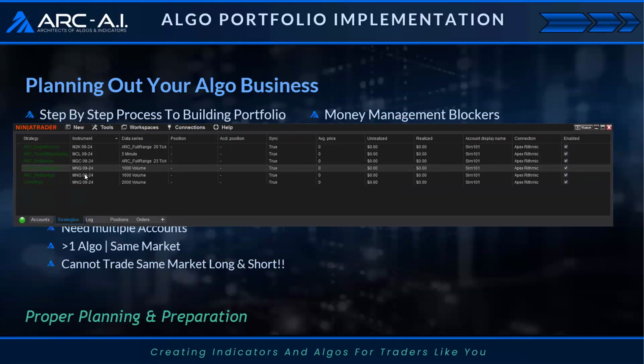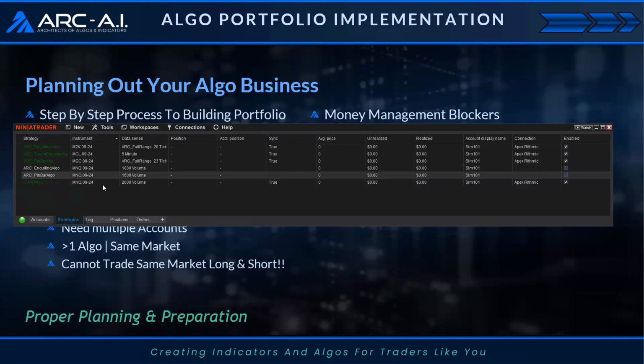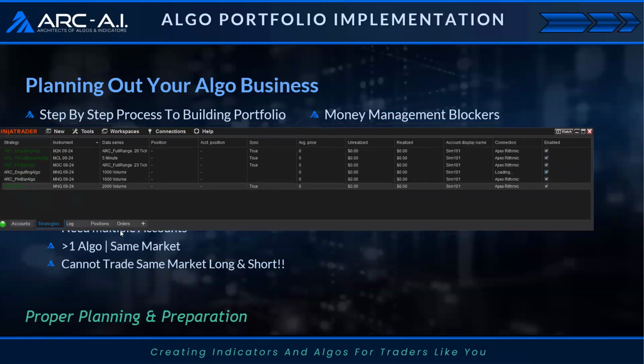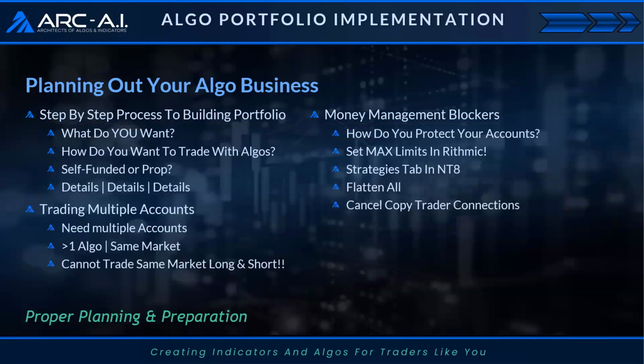I just got into a trade on NQ and it's on VWAP. So I'm going to say, okay, engulfing and pin bar are turned off until this trade is closed. And once that trade is closed, I will go ahead and re-enable those and keep an eye on it. So that's a way to get around it. To me, that would be the way that I would do it if I had multiple algos on the same instrument.